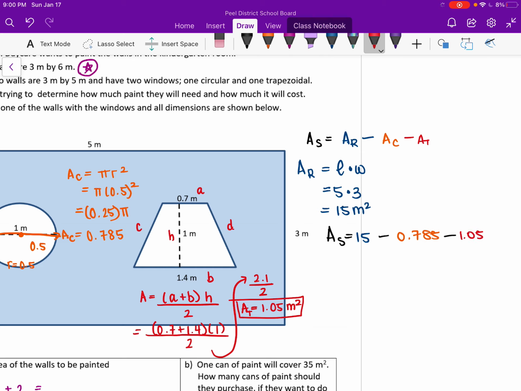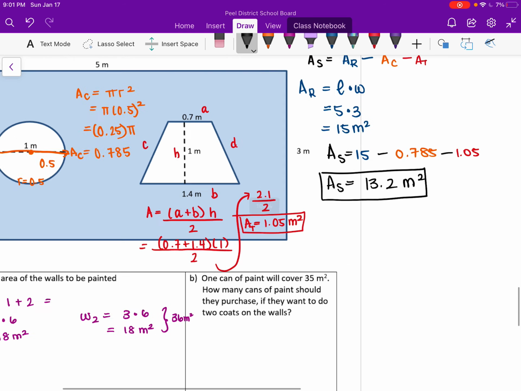So I'm just going to put that in. 15 minus 0.785 minus 1.05, and I'm left with 13.165, which I'm just going to round up to 13.2 meters squared.